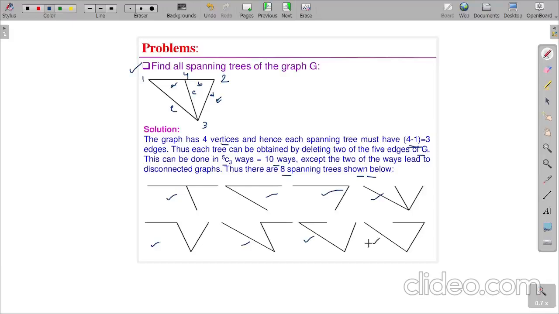All the spanning trees are connected subgraphs of this given graph containing no circuit but containing all vertices. This is the spanning tree.